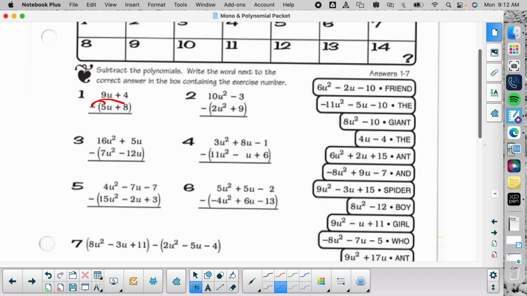I'm just going to rewrite the problem next to it so that I don't get messed up with signs in my head. So negative 5u minus 8. And then I'm going to add down instead of subtracting. So 4 and negative 8 would make negative 4. 9 minus 5 would be 4.